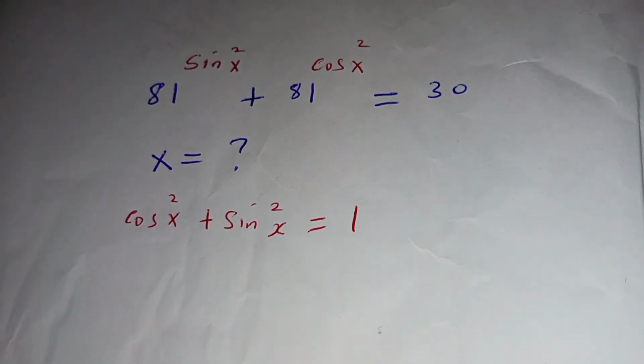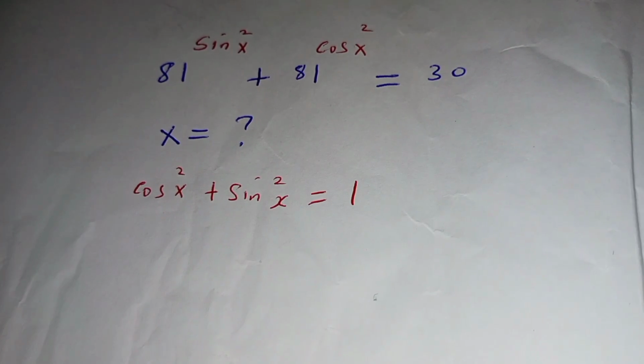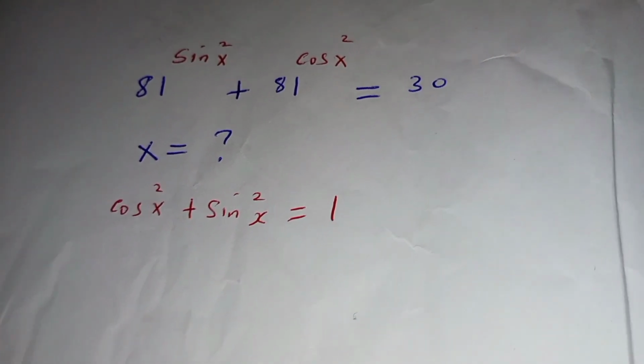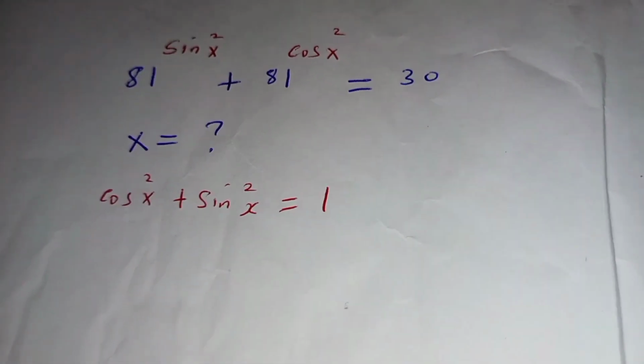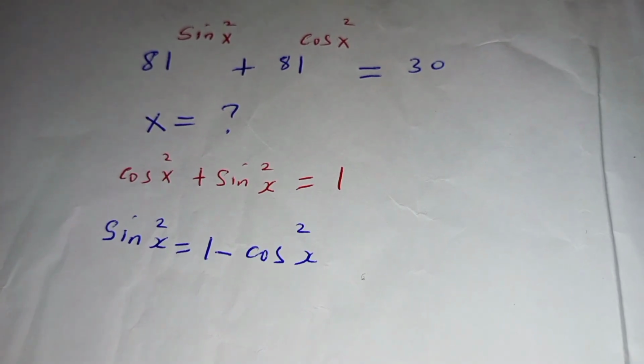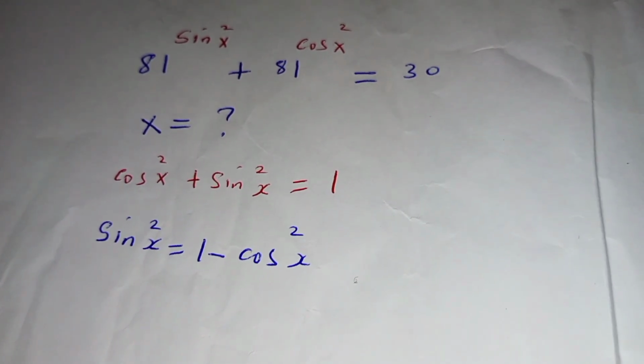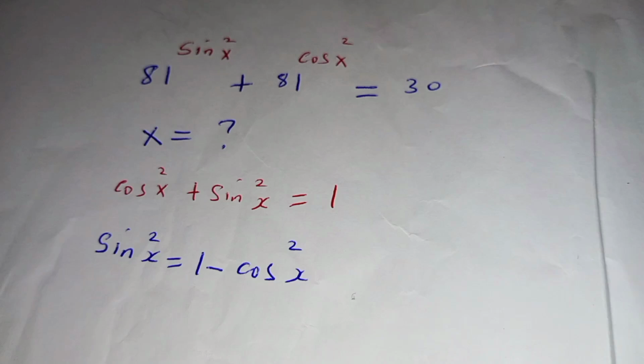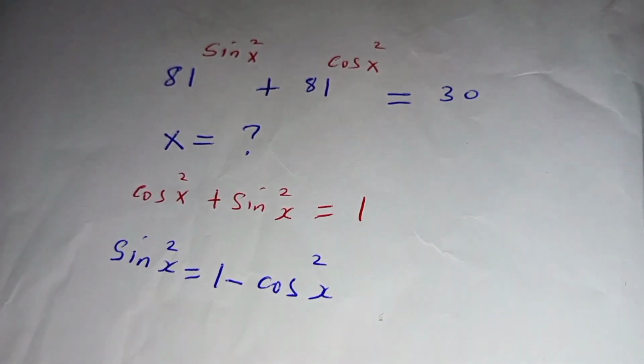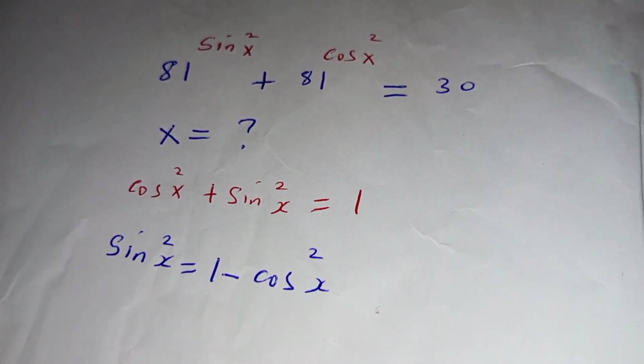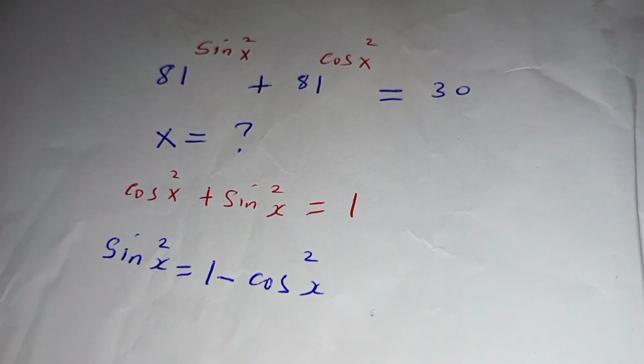The answer will be the same. So subtracting cos squared both sides, we shall have sine squared of x being equal to 1 minus cos squared of x.